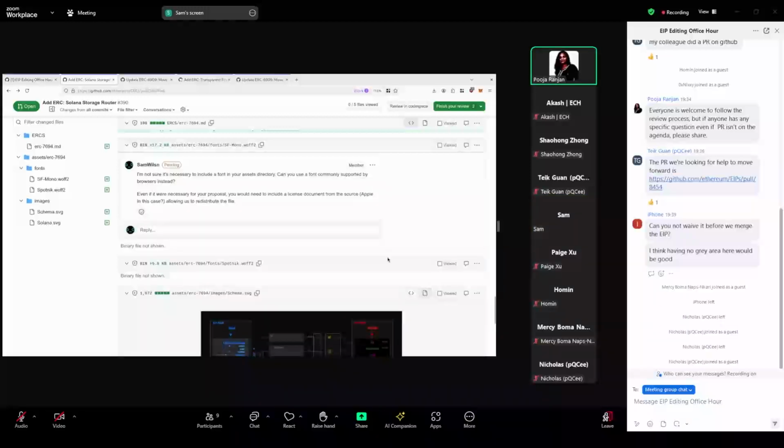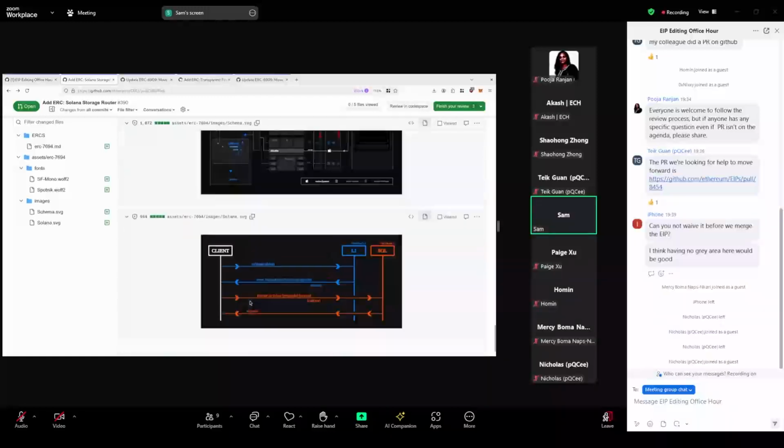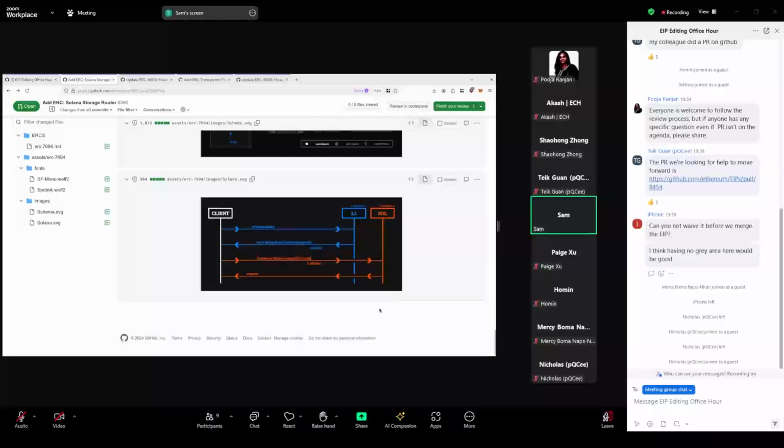So this is unrelated. The license is unrelated to the font. It is related to the redistribution of the file. Exactly. Yeah. Okay. Okay. Cool.